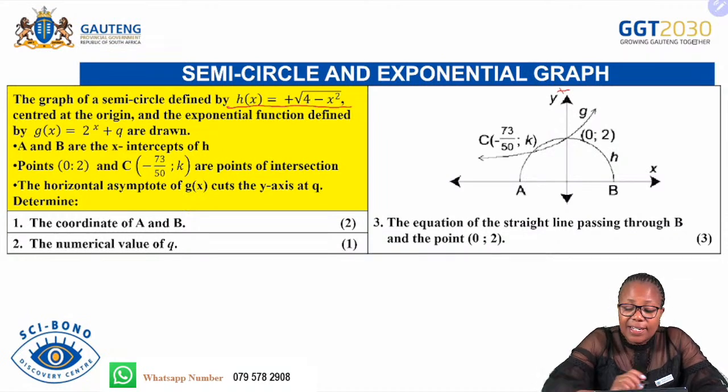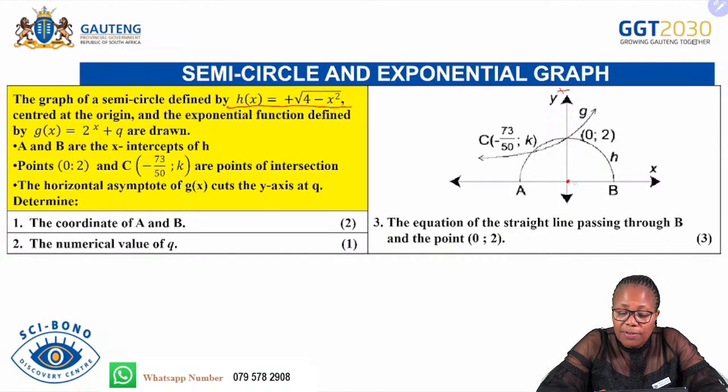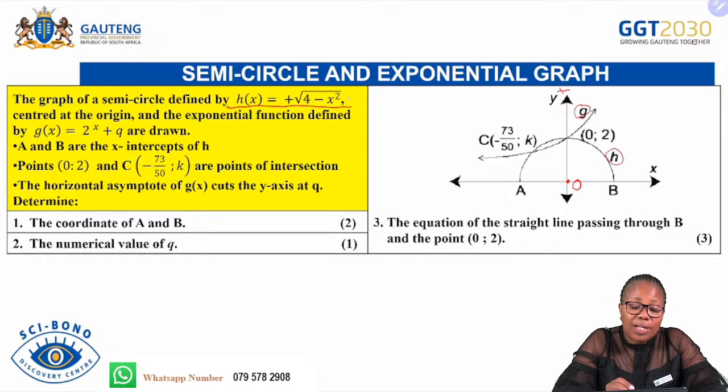That is centered at the origin, so we have a center origin is 0 there. And the exponential function defined by g at x equal to 2^x plus q are drawn. So this is our g function as indicated there, and then this is our h function as indicated. So that is a semicircle.